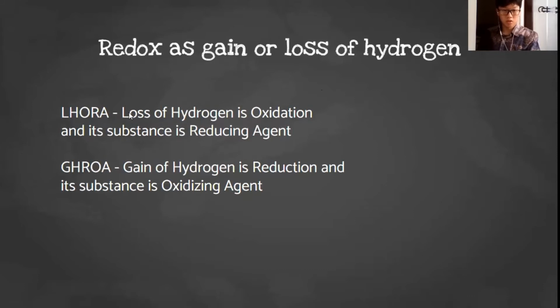As you can see from the capital letters, this will form the acronym LoRa. And for the second one, GROA, this is the gain of hydrogen is reduction, and its substance is the oxidizing agent.